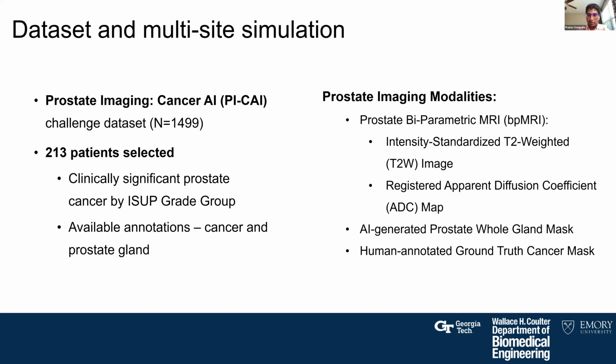The modalities available for each patient consisted of prostate biparametric MRI, which consists of intensity standardized T2-weighted or T2W images, and registered apparent diffusion coefficient or ADC maps, as well as AI-generated prostate whole gland mask and human annotated ground truth cancer mask.